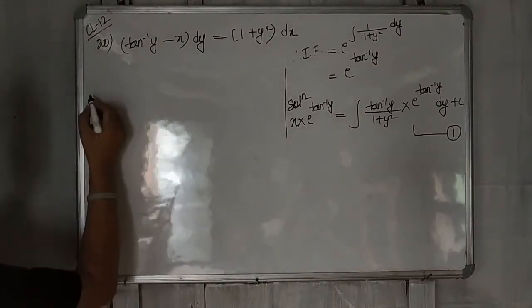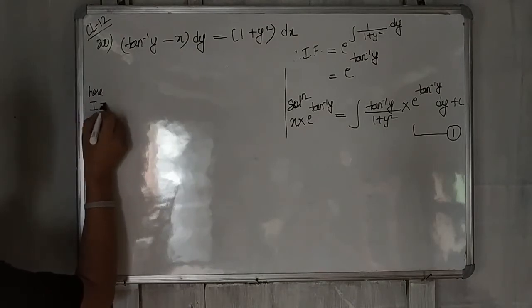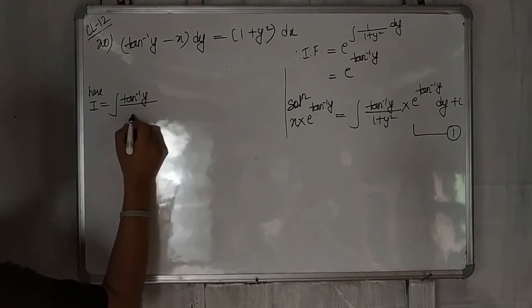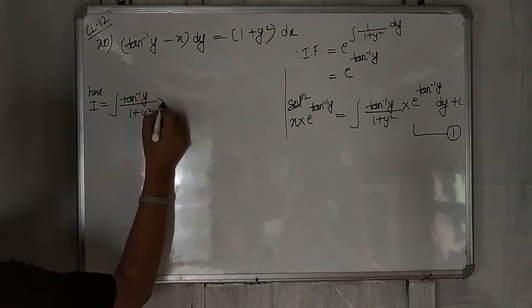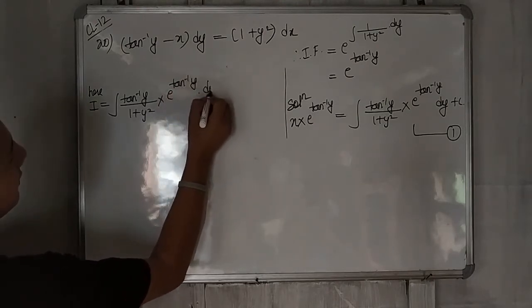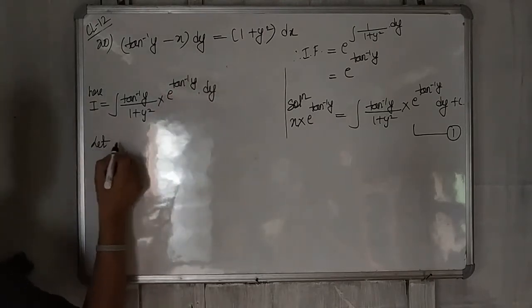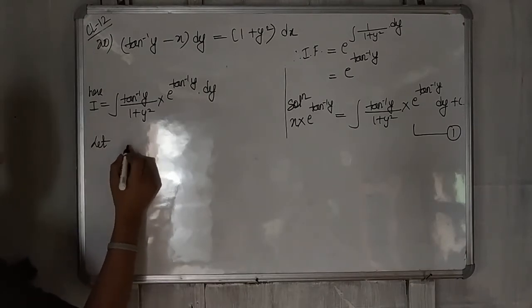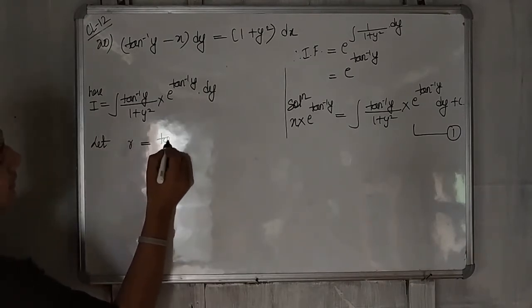Now here I is equal to integral of tan inverse y divided by (1 plus y square) into e to the power tan inverse y into dy. Okay, so let us assume, let's take any variable, r. Let r equal to tan inverse y.